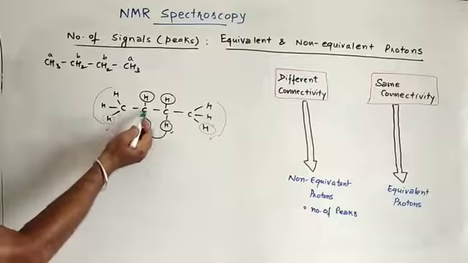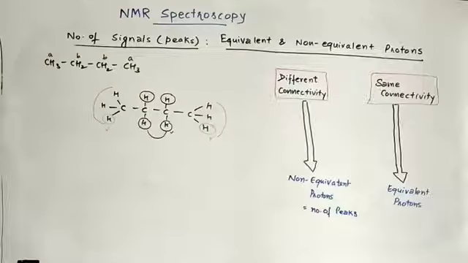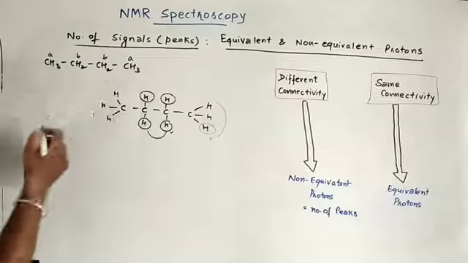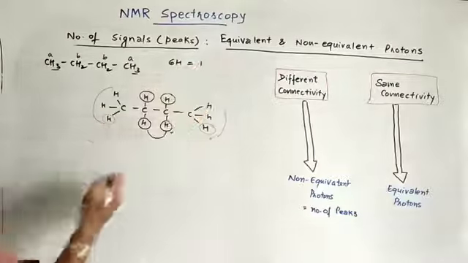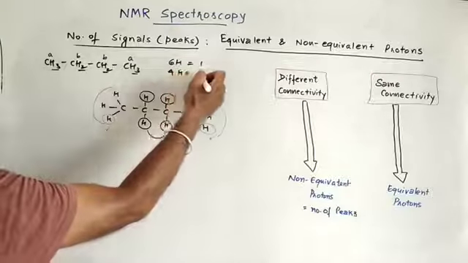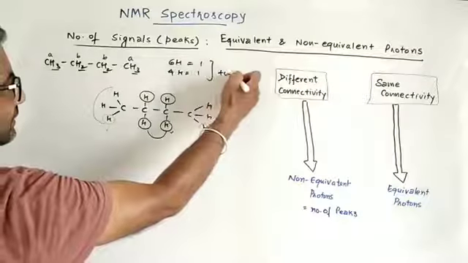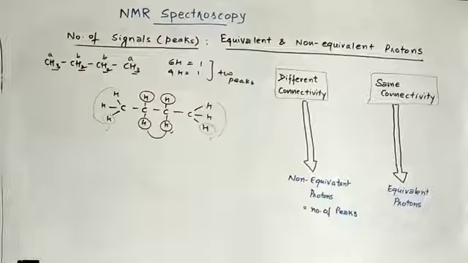This proton is connected to carbon, this side methyl, this side ethyl. Same. It means we have two signals. 3 proton, 3 proton, 6 protons give 1 peak. These two, 4 protons give 1 peak. So total 2 peaks will be there in the ratio of 2:3.